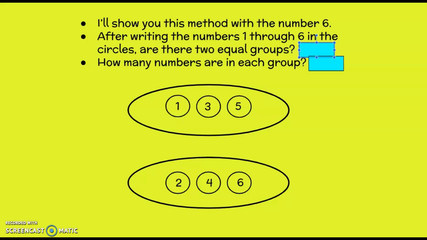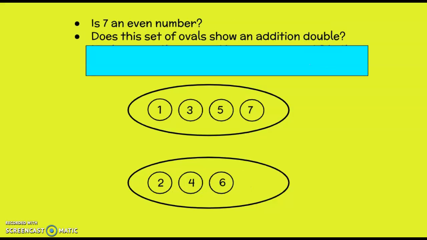Yes. How many numbers are in each group? 3. Each group got 3 things. So then it was even. Is 7 an even number?